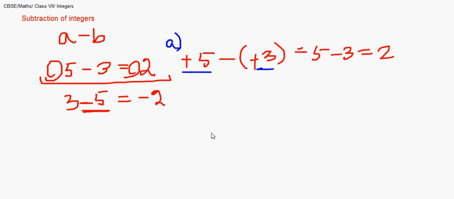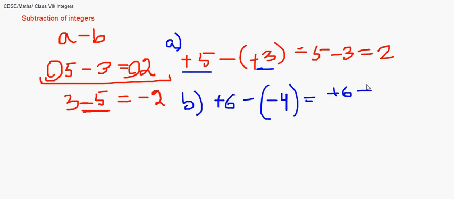Secondly, you can have a plus 6, subtract minus 4 from 6. In this case we need to remove the bracket. We are actually changing minus of minus 4 makes it a plus 4. That gives us simple 6 plus 4, that is 10. This is another type of subtraction.